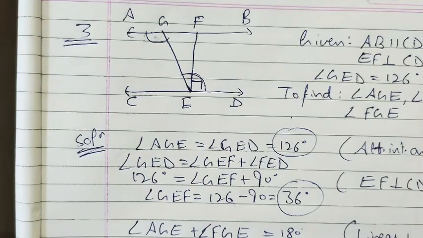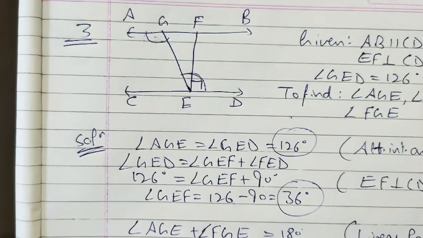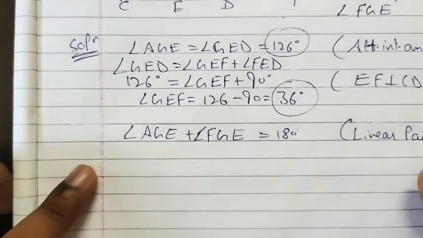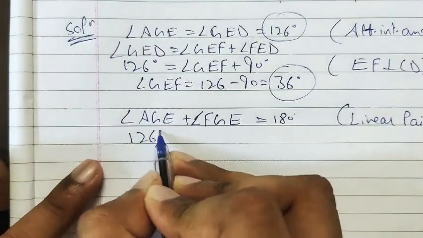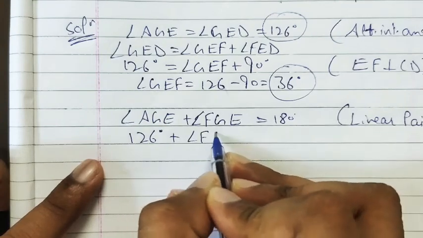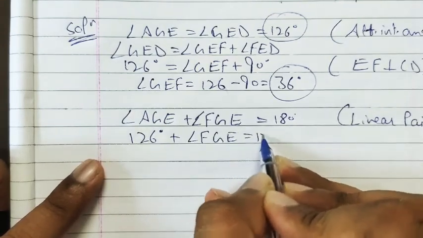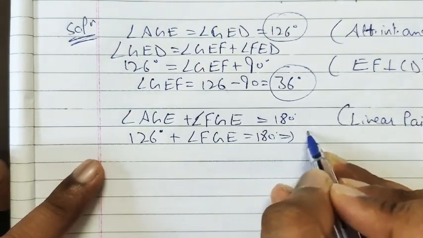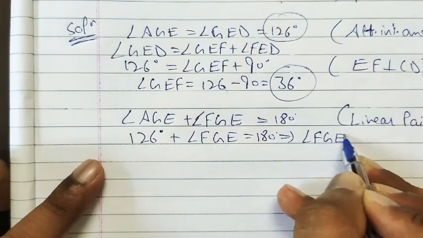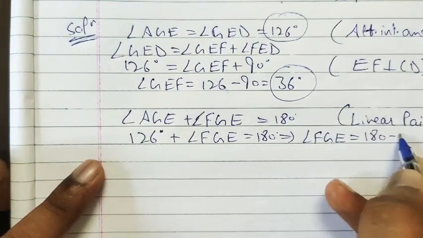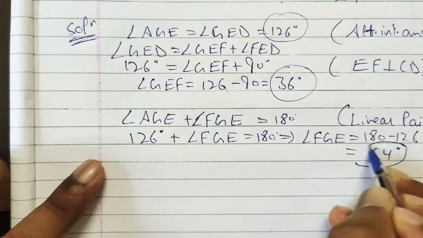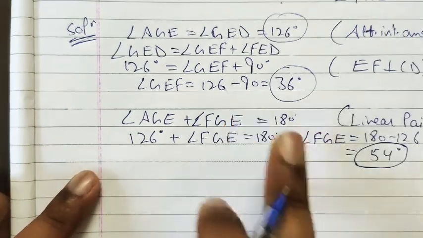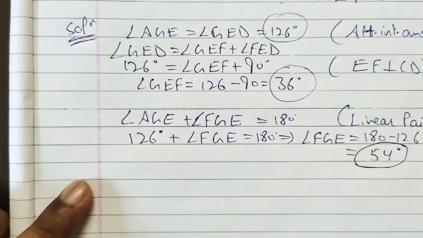So AGE we have already determined, this is 126 degrees, plus angle FGE is equal to 180. This implies angle FGE is equal to 180 minus 126, which is 54 degrees. So these three are our answers.